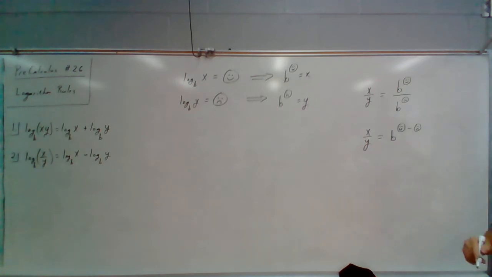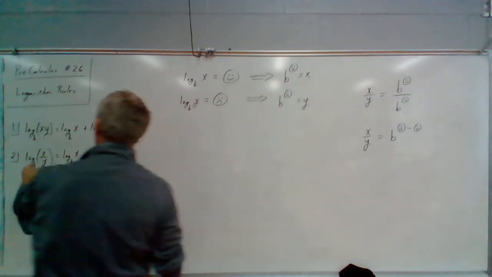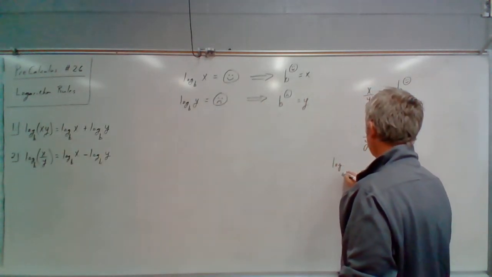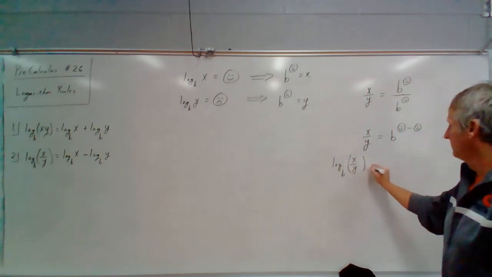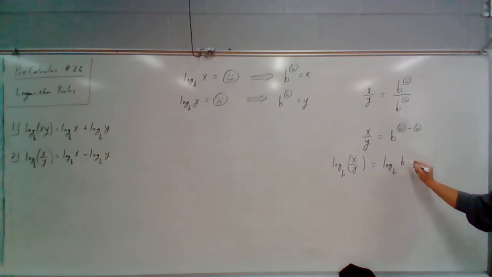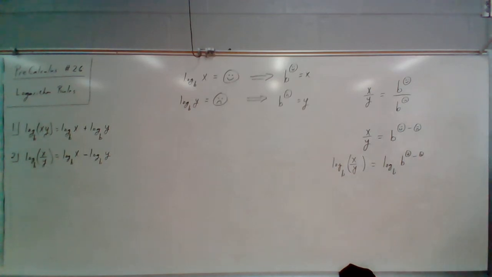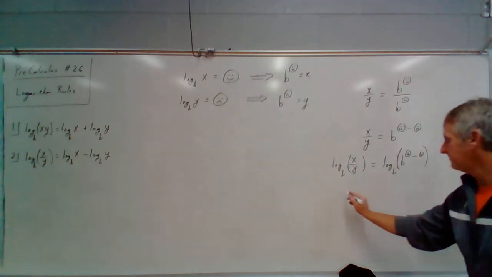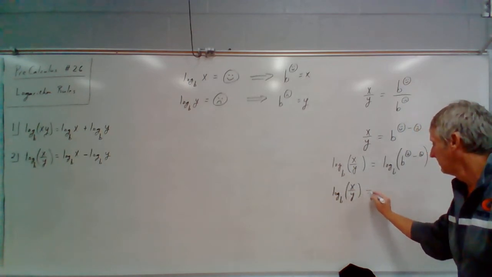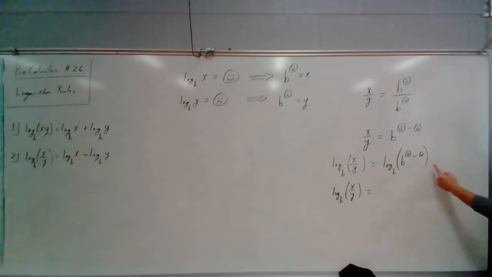Now I'm going to take the log base b of both sides because that's what I want, log base b of x over y. So log base b of x over y on this side, and log base b of b raised to the smiley minus frowny. So then I have log base b of x over y equals, well, b raised to what gives me b raised to the smiley minus frowny?